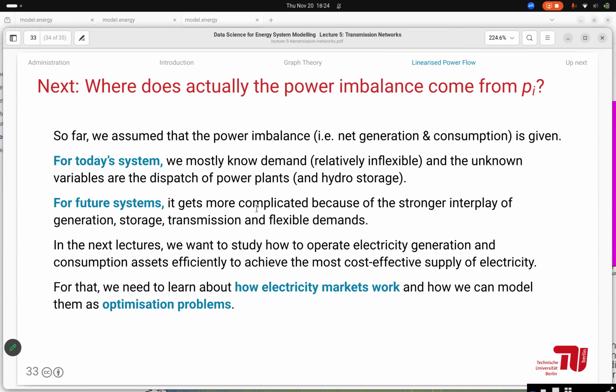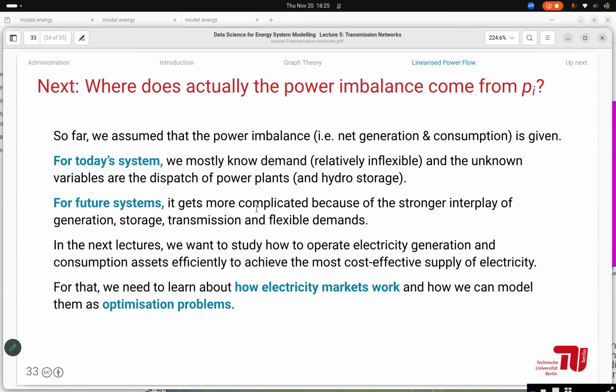We'll introduce you to some of the fundamentals there, where we will discuss how it is decided which power plants operate and also where electricity is consumed, from which we can then derive these imbalances PI and calculate the power flows.